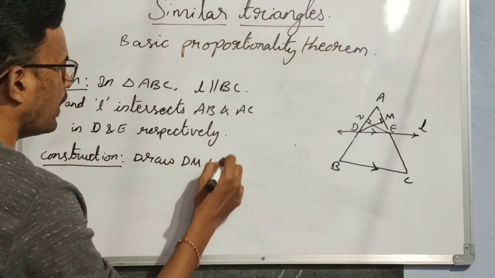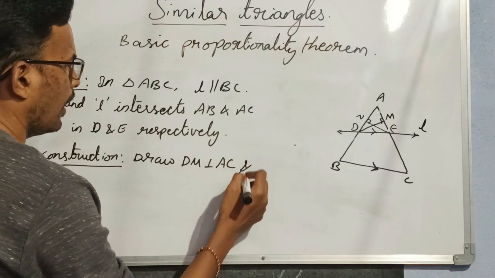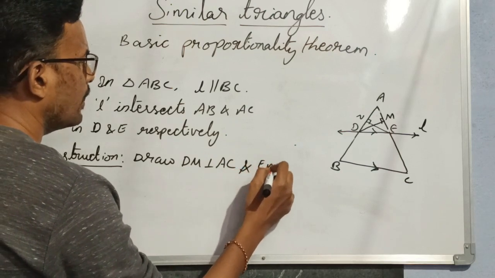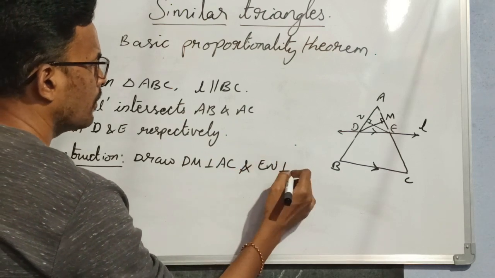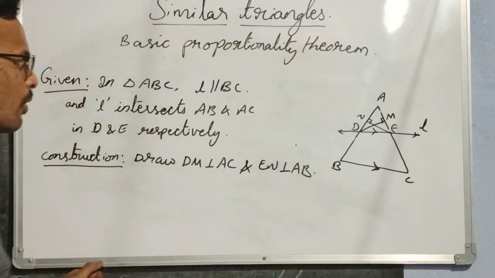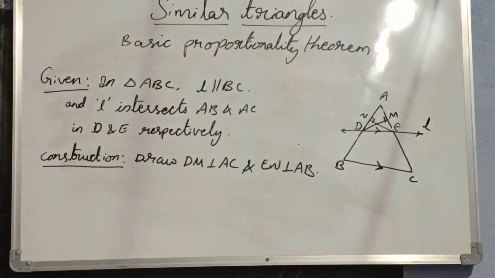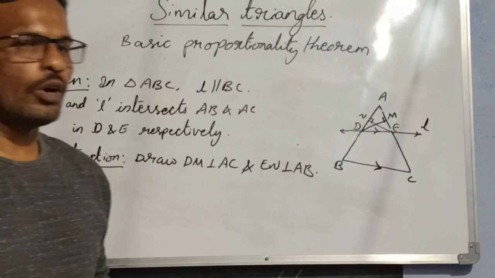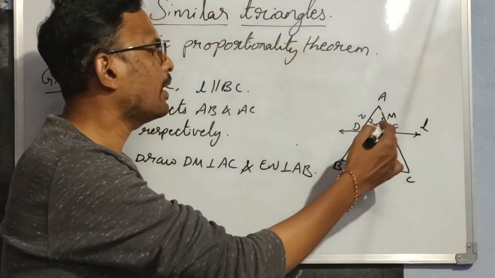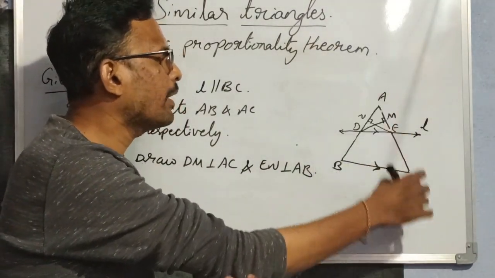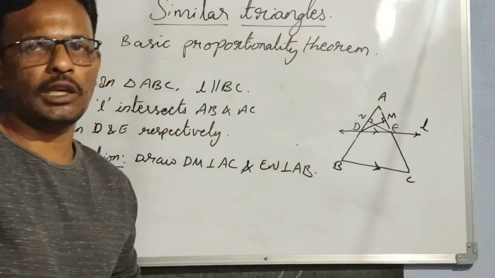This is about construction. What we need to do? Draw two perpendiculars, one perpendicular to AC and other perpendicular to AB.